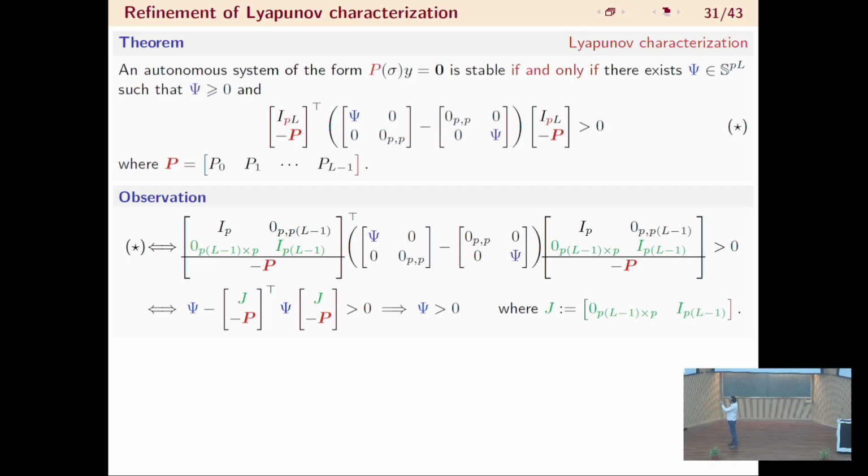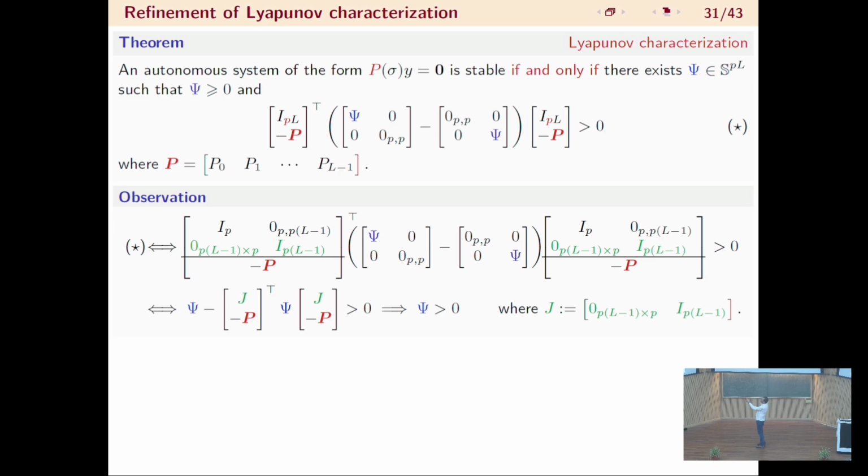Now, imagine that I write this PL by zooming in. This is the first P by P block, and the remaining is here. I can always do that. And if I now look at this LMI, because of this I, psi, this I, I'm going to have psi. And if I define this green part as J, the remaining I can write also easily in terms of psi.